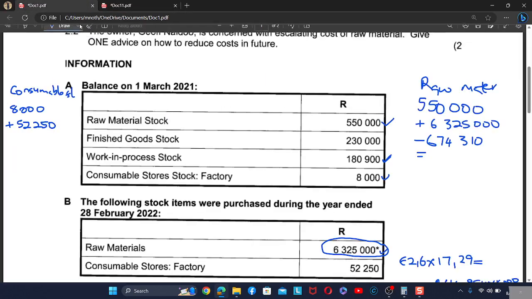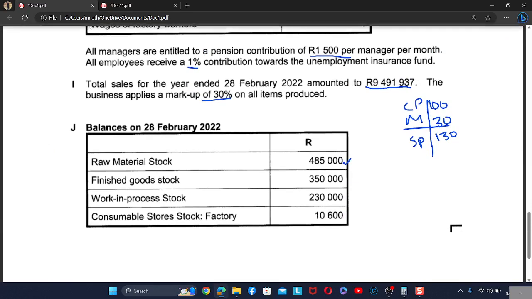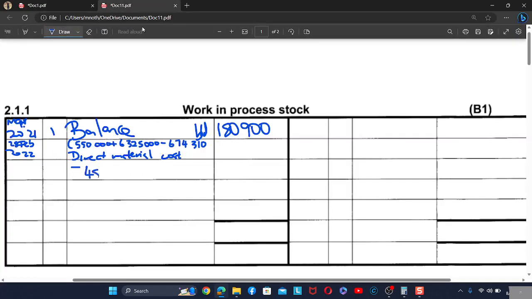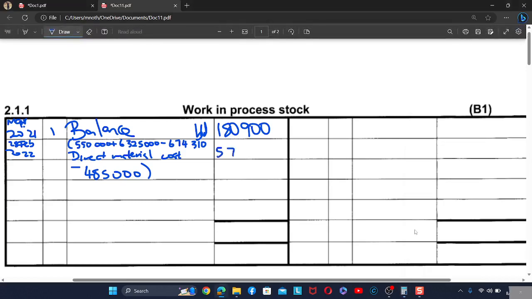And then we must also subtract this 485,000, because we want to know how much they actually sent to the factory. So 550,000 plus 6,325,000 minus 674,310 minus 485,000, that is 5,715,690. So that is how we find it.